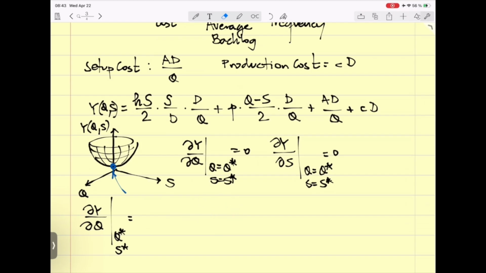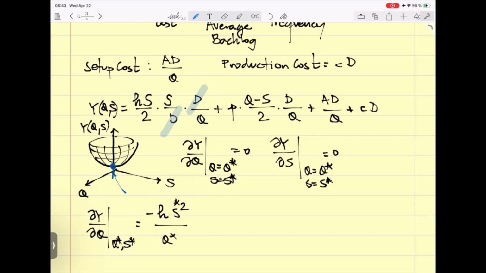So D cancels with D. Let me simplify the function a little bit so that we can operate better. So the first derivative of epsilon with respect to Q at Q star and S star equals minus h S star squared divided by Q star squared. This is simple.